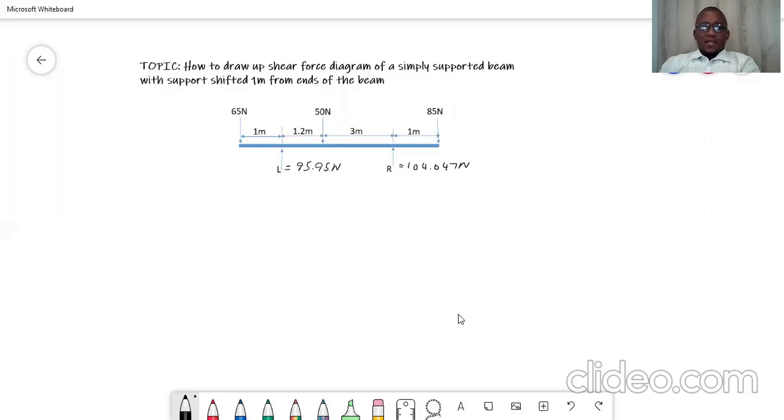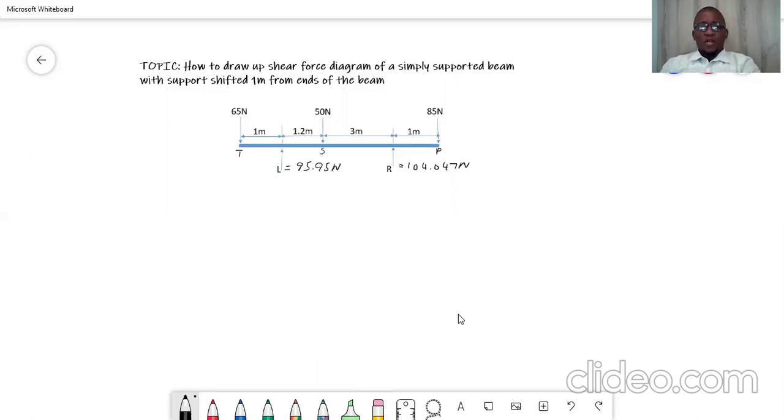Right. Now that I've written those magnitudes and they are correctly labeled, I'll just name these points R, T, S, P, right? It's just to name those points. You'll see the importance of those points when you draw up the shear force diagram, right?